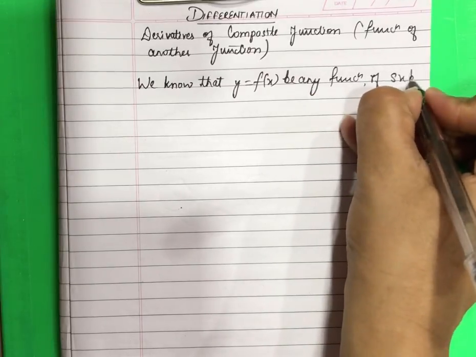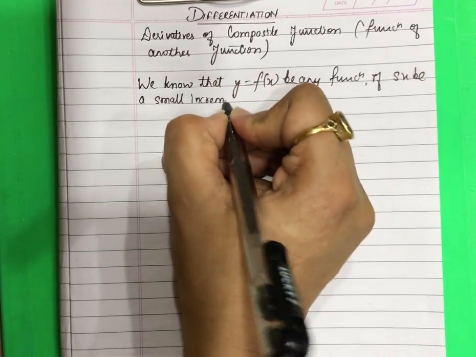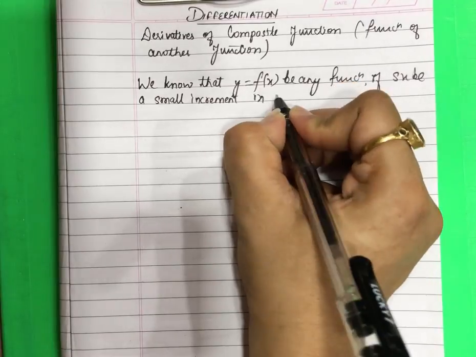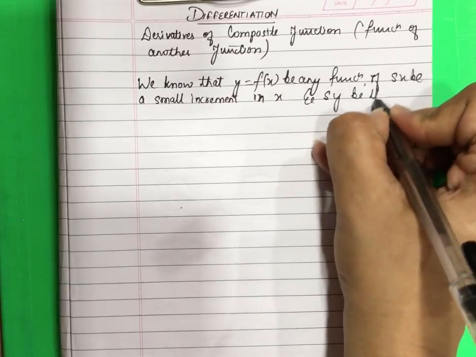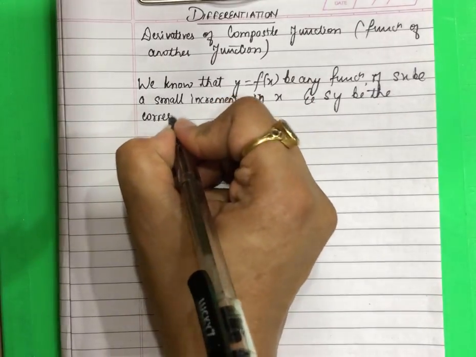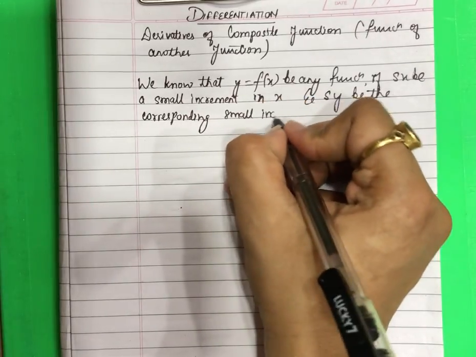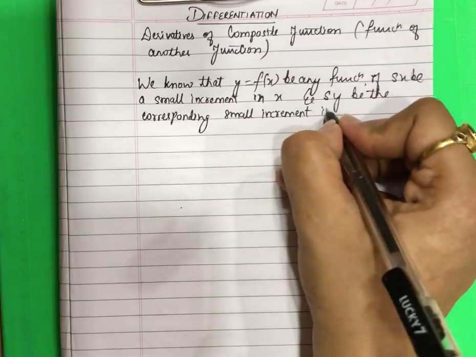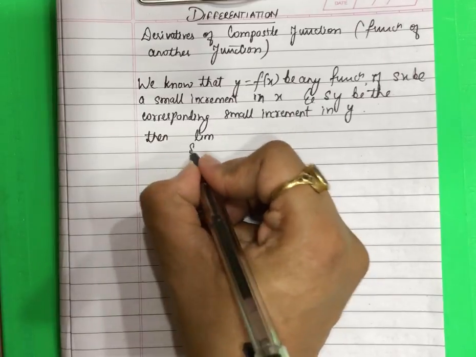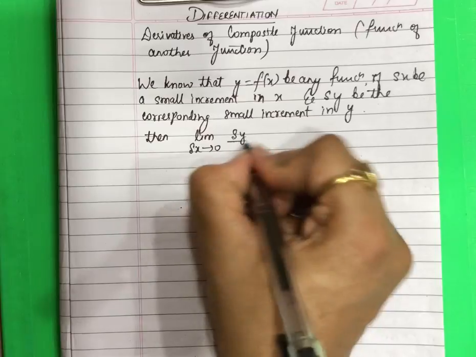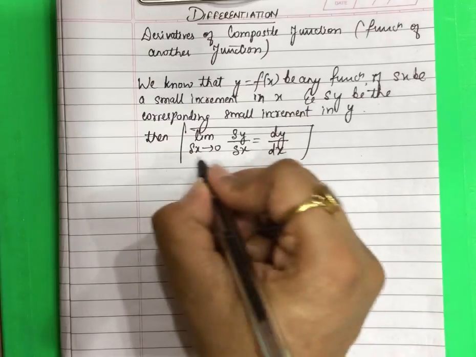If del x be a small increment in x and del y be the corresponding small increment in y, then limit del x tends to 0, del y upon del x is always equal to dy by dx.